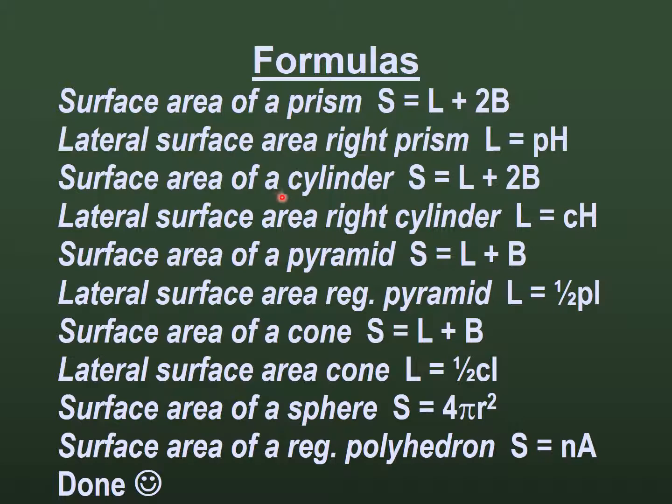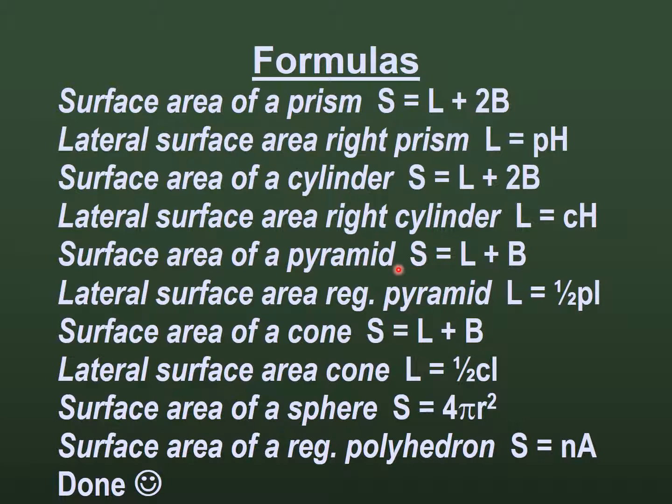Then we found the surface area of a cylinder, which was S equals L plus 2b, where L was the lateral surface area and b was the area of the base. And we figured out that for a cylinder, the bases are circles, so our lateral surface area was found by doing the circumference instead of the perimeter times the height.